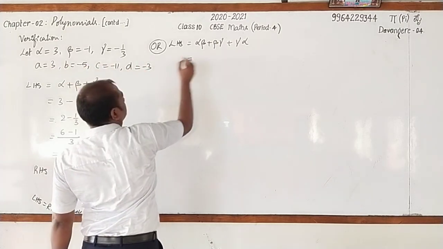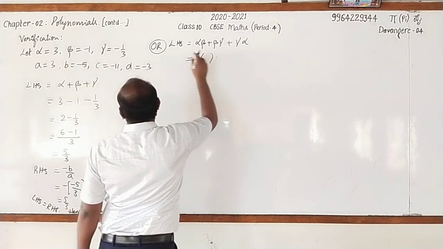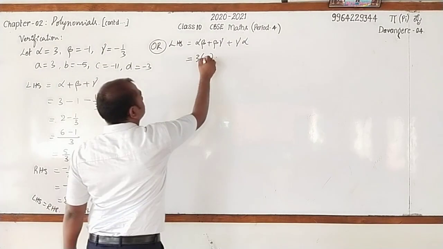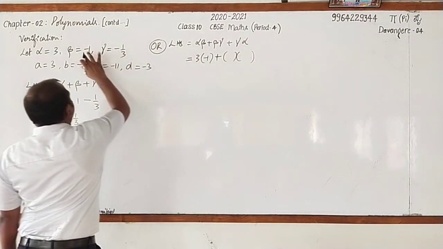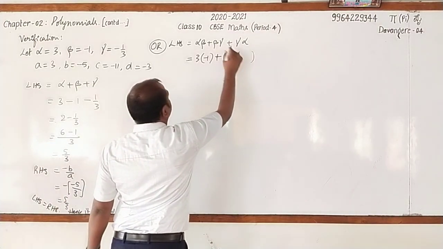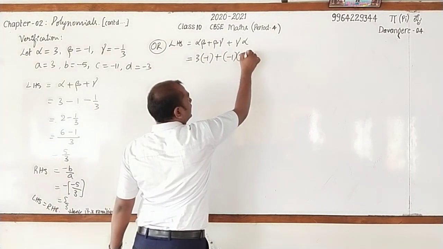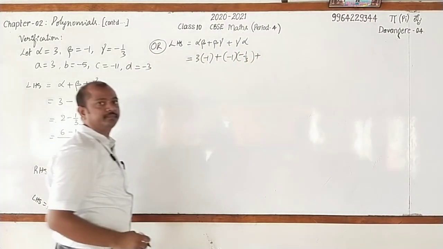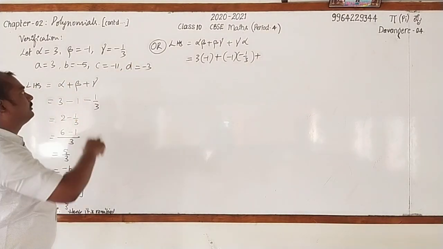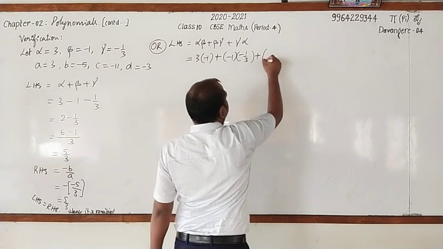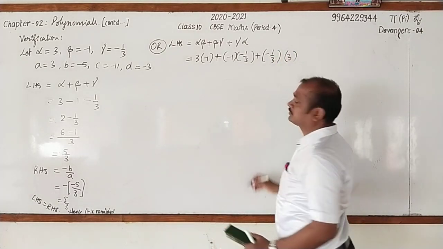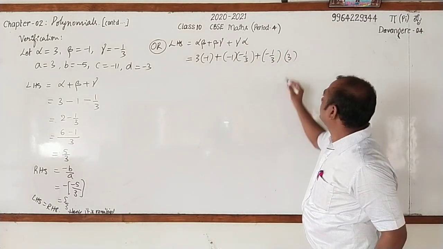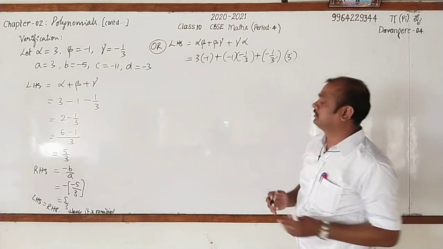Alpha is 3 and beta is minus 1, plus beta again minus 1, gamma is minus 1 by 3. Next, gamma alpha. Gamma is minus 1 by 3 and alpha is 3. Got it? Now 3 and 3 get cancelled.